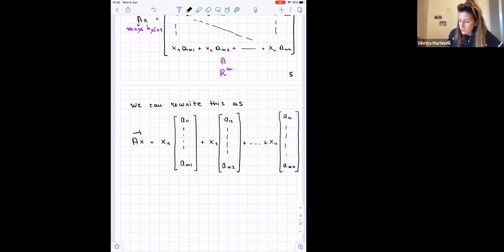Okay, so we are just rewriting it where these are the column vectors of A.